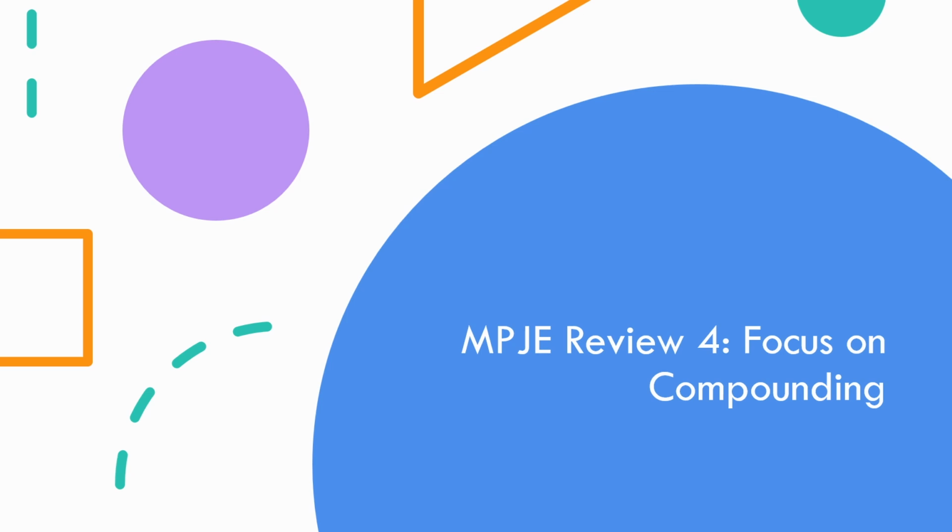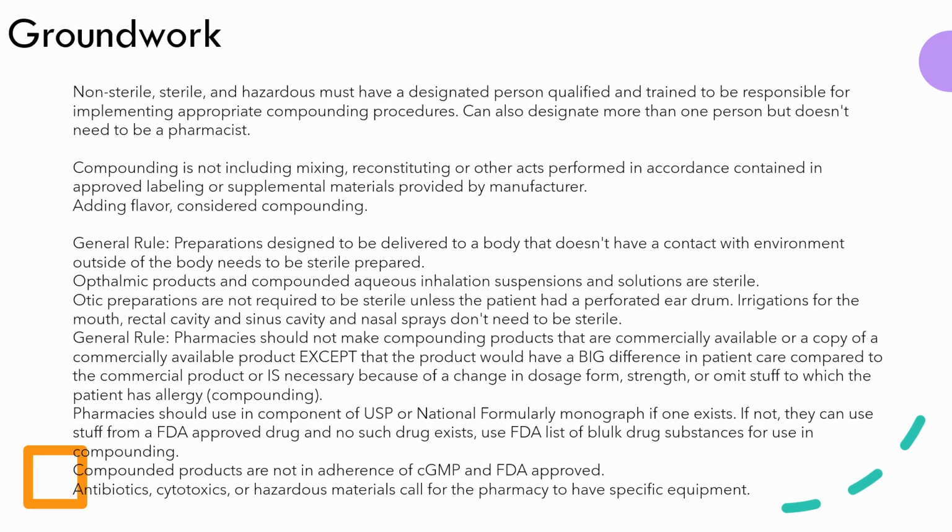Okay, now we're going to talk about the bulk of this lesson, which deals with compounding. These are just some of the groundwork. If y'all haven't studied for NAPLEX, this won't make as much sense, but I try to make it a little bit easier to understand.